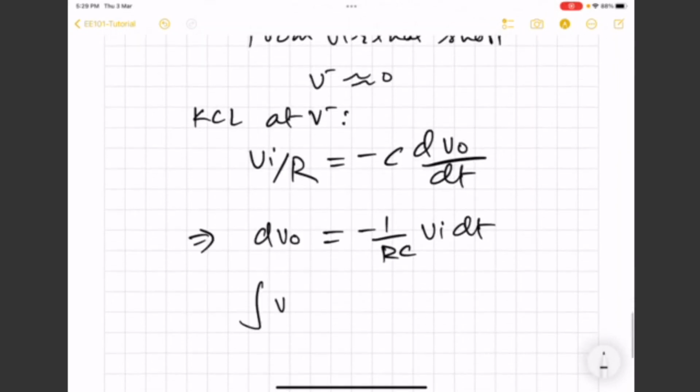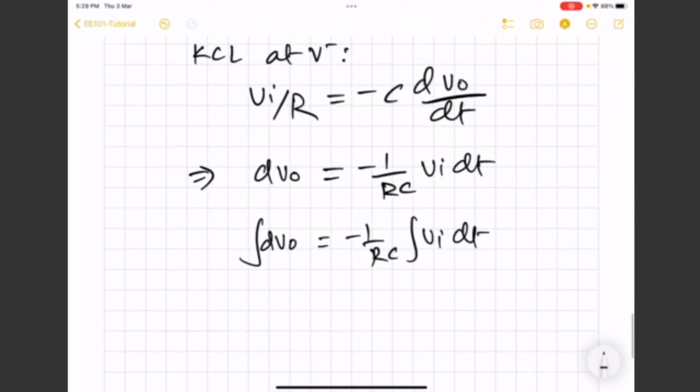We can now integrate it, from 0 to t, and this will be the voltage from the 0 moment to the voltage at t moment.